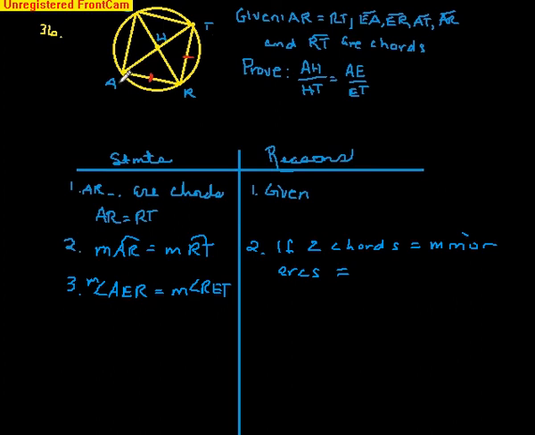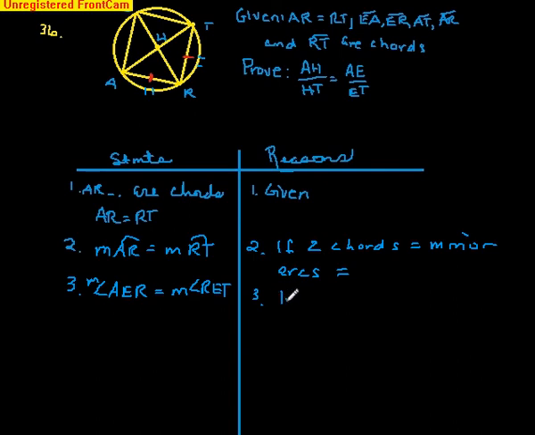So this is in this lesson that says inscribed angles that intercept the same arc or equal arcs are equal. So we have that this arc is equal to this arc. So their inscribed angles are equal. So let me try to write that out. I would say inscribed angles that intercept equal arcs are equal.